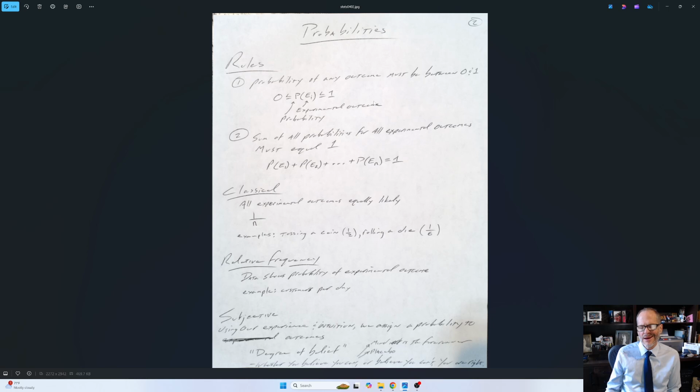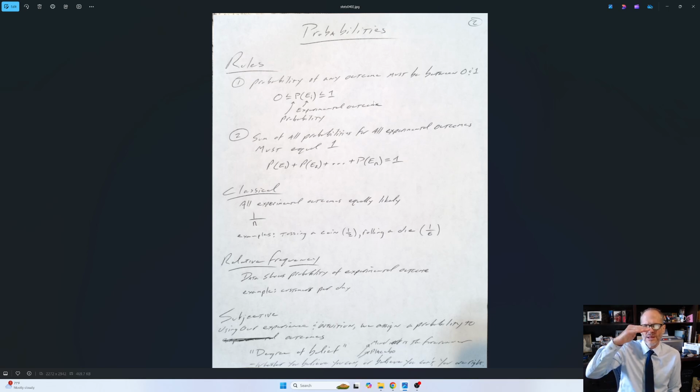And then an event is something we want to know the probability for. So there's an event, and the event is a subset of the sample space. So we could say, what's the probability of this event occurring? We define that event so that we could find the probability of it. That event is a subset of the sample space, and that event could also include everything in the sample space.